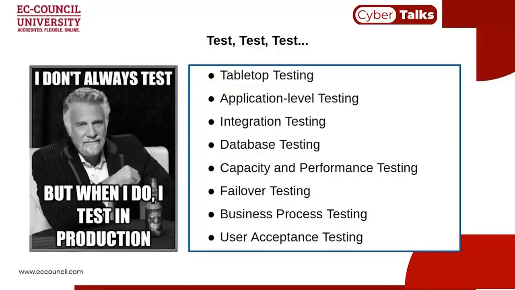So last but not always least, actually not least at all, is you need to test, test, test. And I love this. This guy's the most interesting man in the world, or at least that was the advertisement. And I think this is the funniest thing, because I've been in performance testing, and I've done a lot of continuous availability testing, chaos testing, the whole thing. And this meme always comes up, which is I don't always test, but when I do, I test in production.